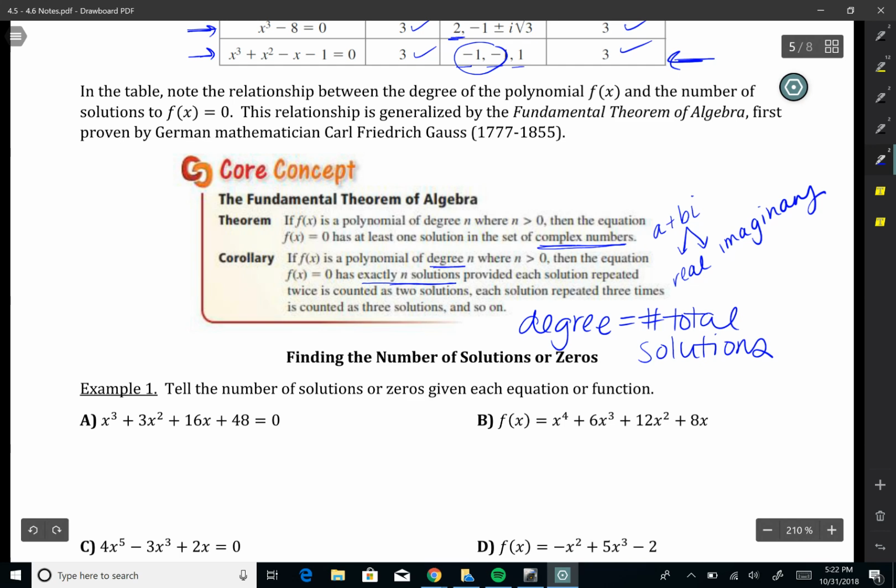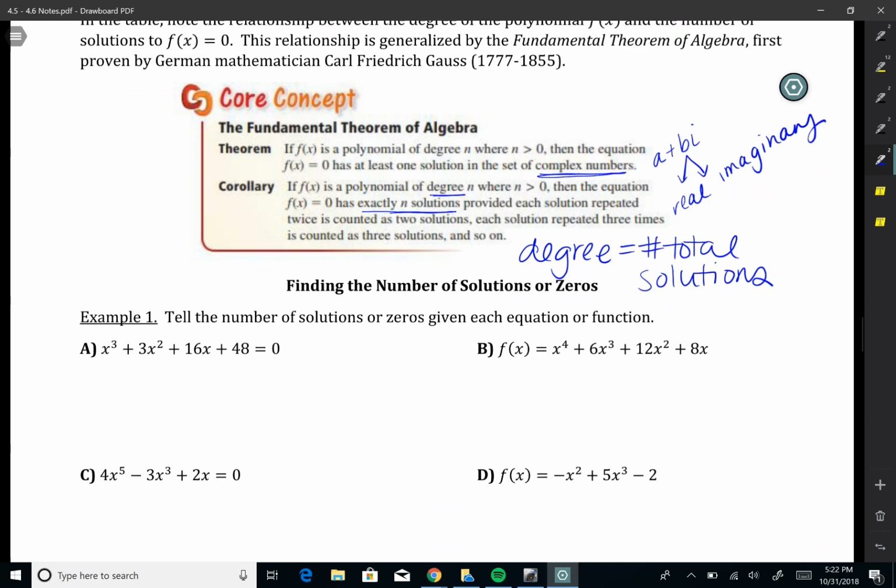So we are just going to do example 1. Tell the number of solutions or zeros given each equation or function. So in letter A, I have the equation x cubed plus 3x squared plus 16x plus 48 equals 0. And I see that the degree is 3. So that's 3 solutions.